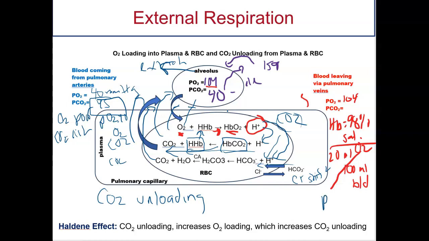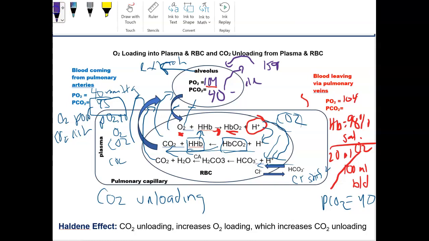And so my PCO2, as it goes through the lungs, is going to drop from 45 to 40. Now it's equal and it leaves the lungs. And so when I look at my levels for my O2-rich blood in my pulmonary veins going to the left side of the heart, my PO2 is 104 and my PCO2 is going to be lower.